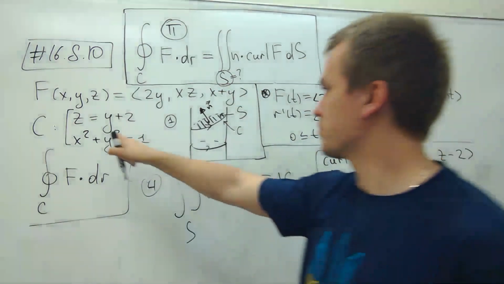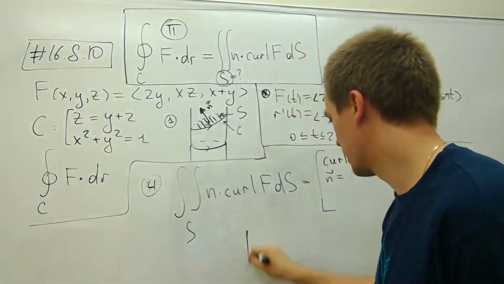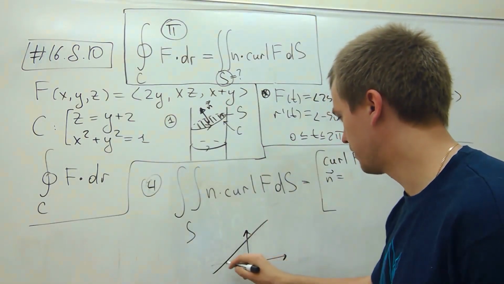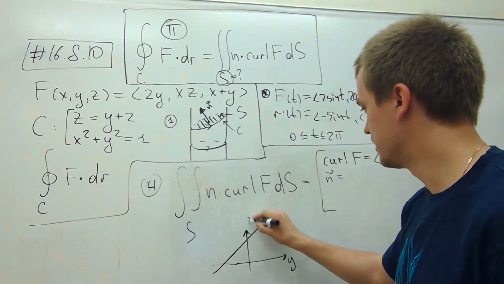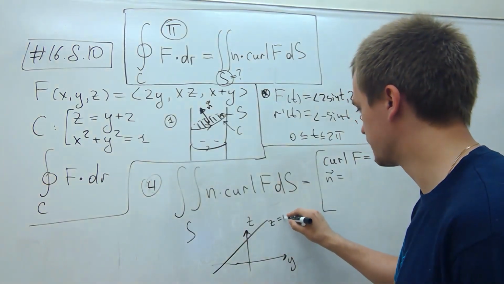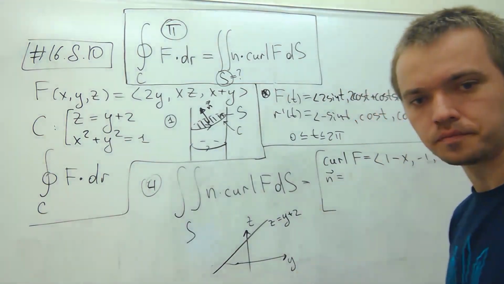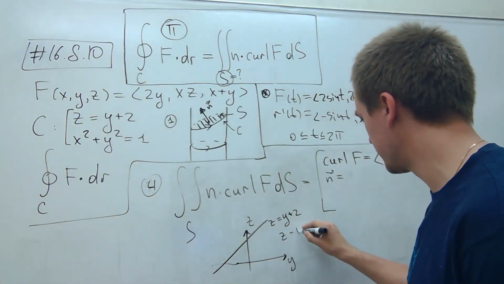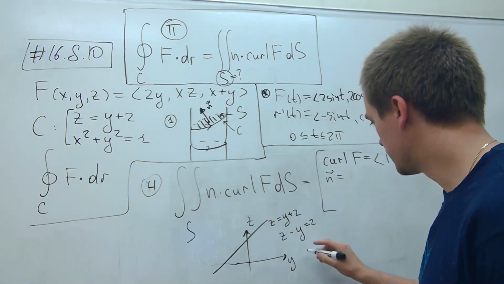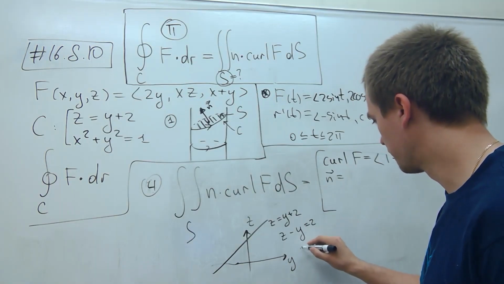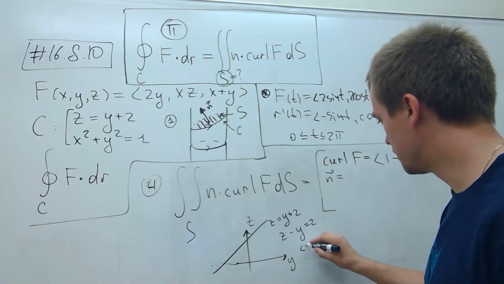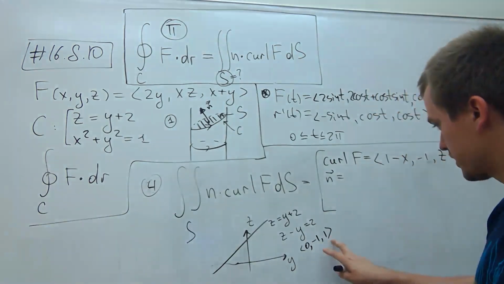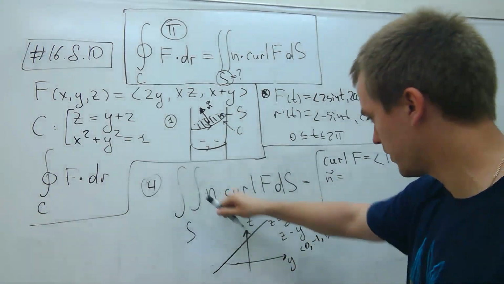So the best way to do this is to draw a picture. So we have, this is my y, z equals y plus 2. So the gradient of this function, z minus y equals 2, is going to be 0, minus 1, and 1. And let's check that it's actually pointing in this direction.